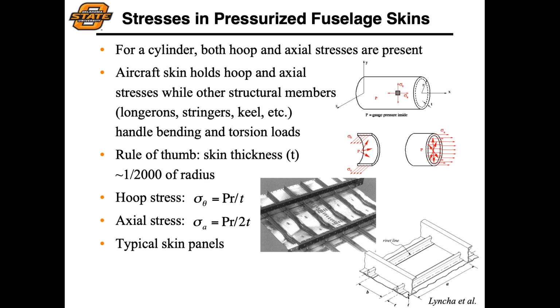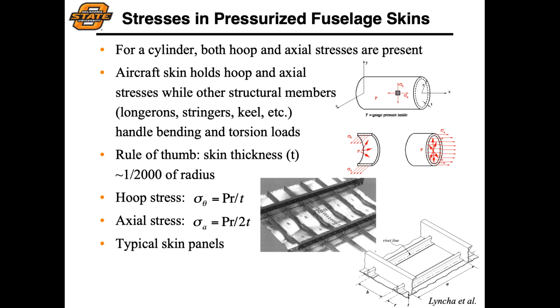We can analyze both the hoop and the axial stresses using our pressure vessel equations. From this, we can then add elements, such as longerons, stringers, and keels, to add to the overall structural capacity or the safety factor of our structural design.